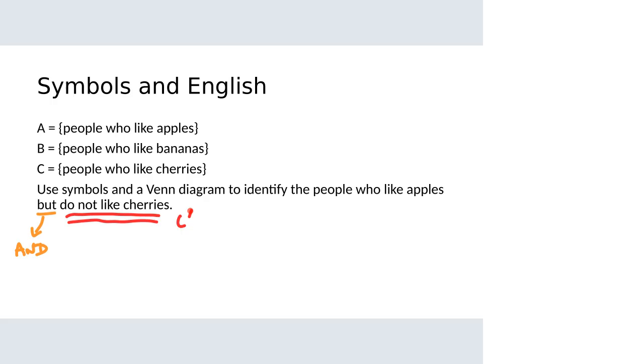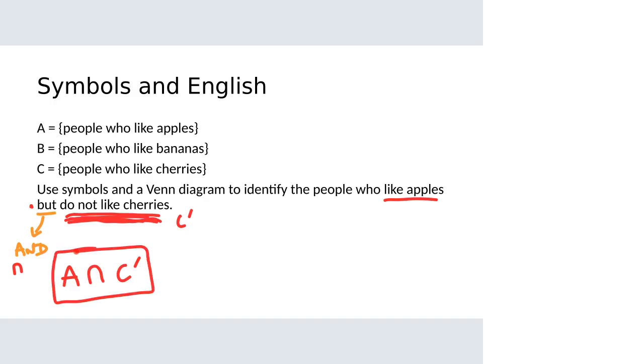You don't like cherries. So here are symbols. Let's see. They like apples. That's set A. But, which we treat like and, which we know is intersection, and do not like cherries, C complement. So in symbols, this is A intersect C complement, and then we can draw that Venn diagram.